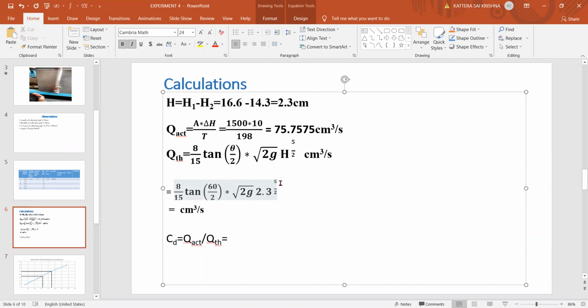Please calculate the value slowly and you will get the Q theoretical value. Where H is the head over the sill value, 2.3 centimeters. Since this H value is in centimeters, we are getting the discharge value also in centimeters. So calculate the value of Q theoretical.